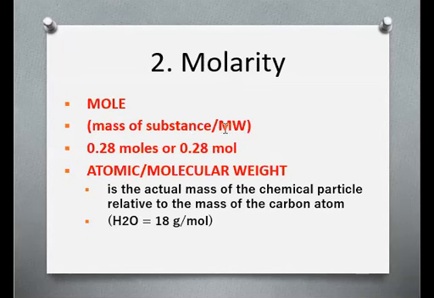You divide that by the molecular weight, which is 18. So 5 divided by 18, and you'll get 0.28 moles. Or you can write moles as its abbreviation, mol. I will accept either. Okay, so that's the review on calculating moles and molecular weight.